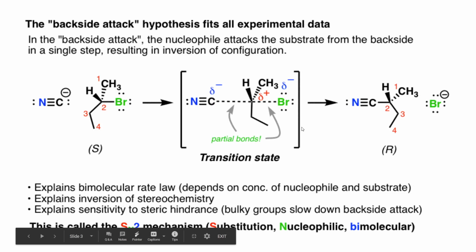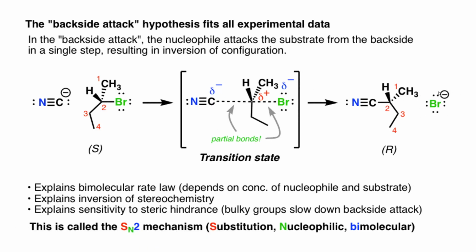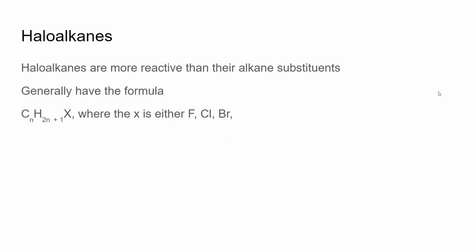All right, and here's an example. Notice that the bromine ends up getting kicked off because it is substituted out. Now, in general, a haloalkane is a compound in which we have carbons, hydrogens, and then at least one halogen, X. The X can be fluorine, chlorine, bromine, or iodine.